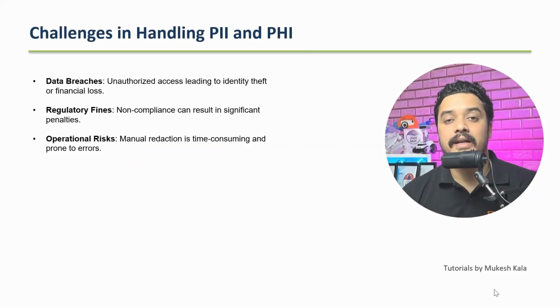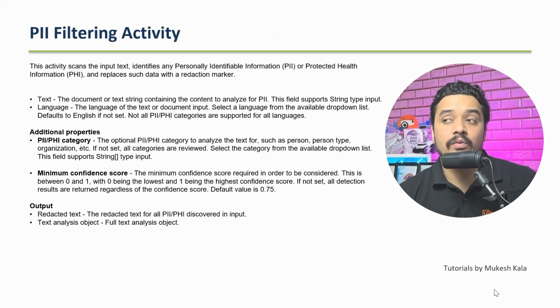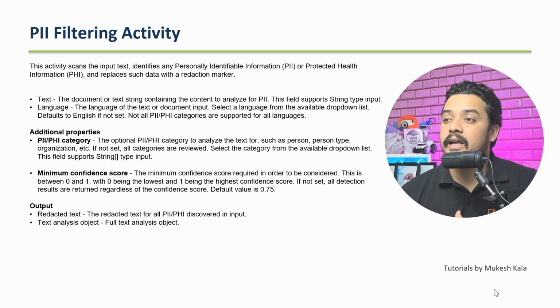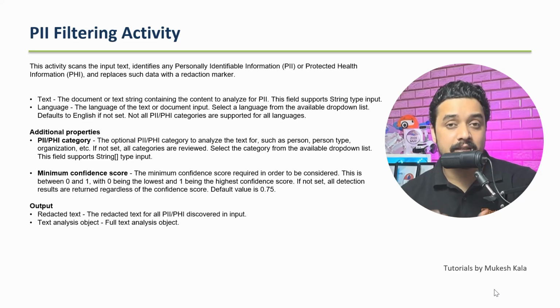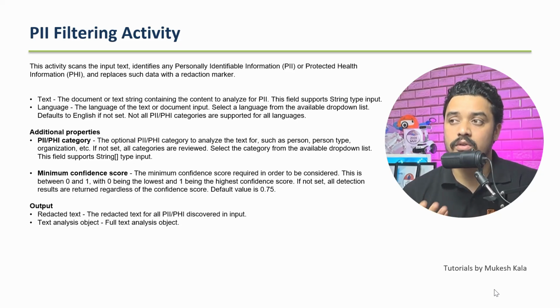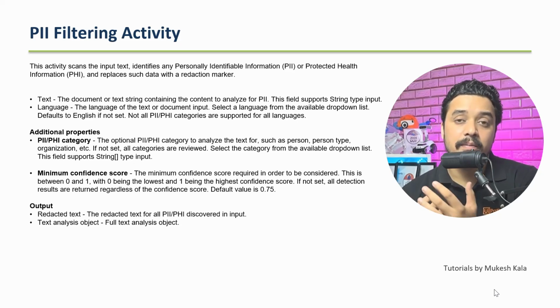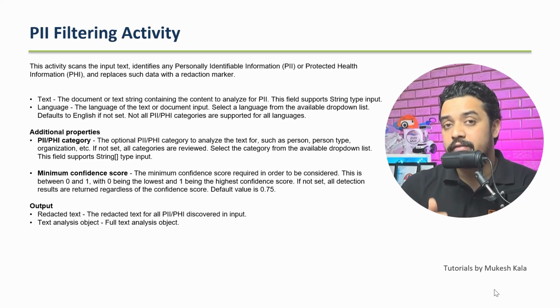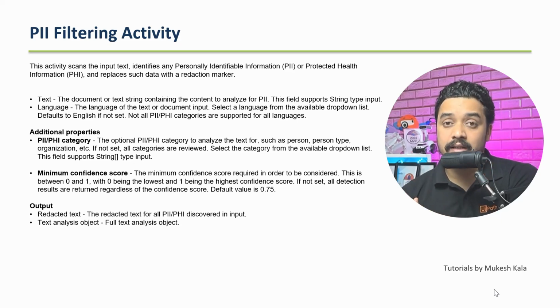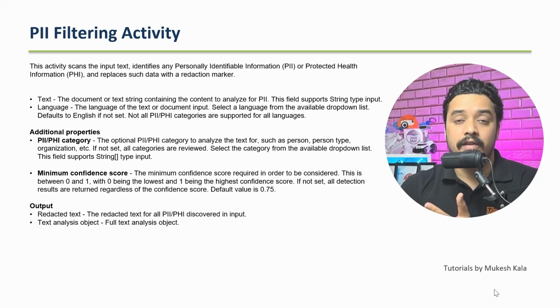So with that background, let's now try to understand what this PII filtering activity actually is. This is an activity which is part of the generative AI package which we are discussing in this series. This activity scans the input text you have provided and is able to identify any of the personal information as well as the personal health related information so that it is not passed on further.